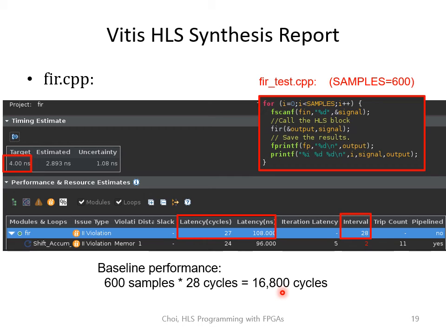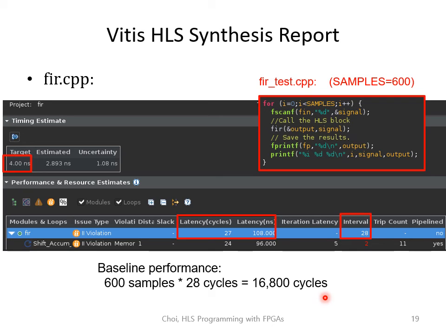But ideally, it should take only about 600 cycles to process 600 samples, not 16,800 cycles, right? So we can see that the baseline performance isn't very satisfactory. We're going to learn how to optimize this design in the next class.